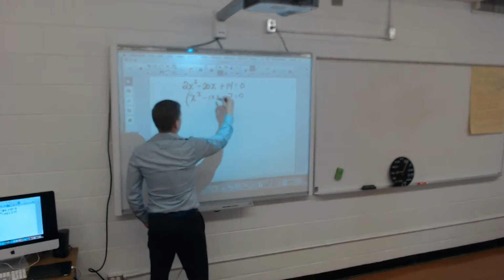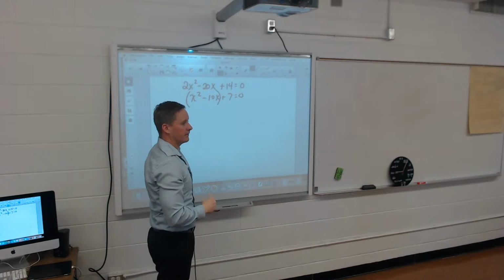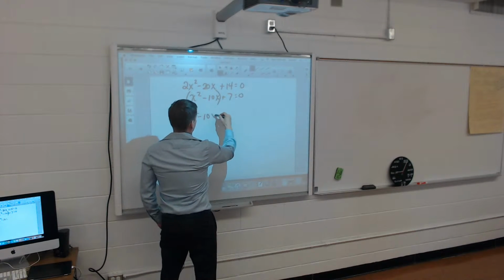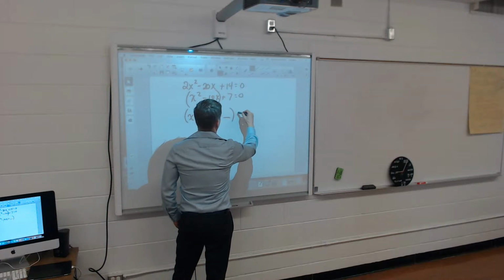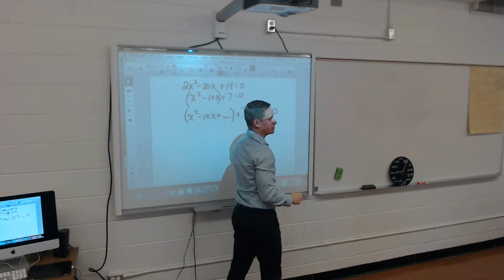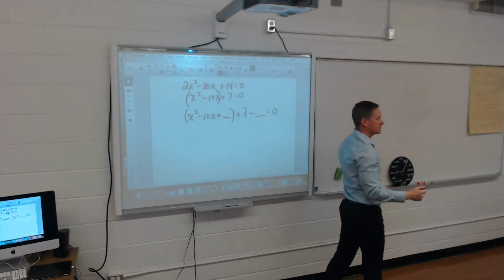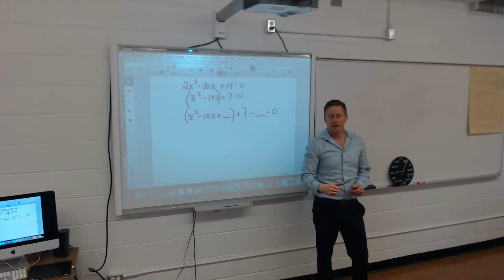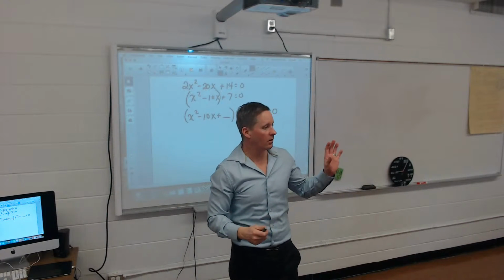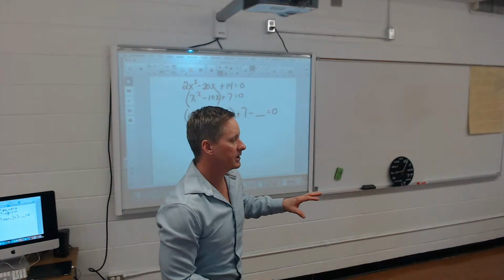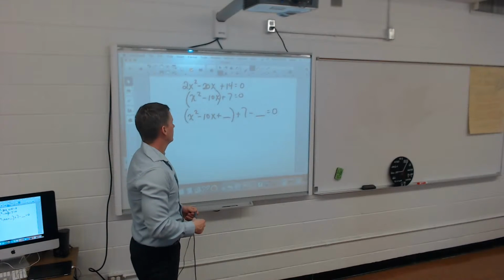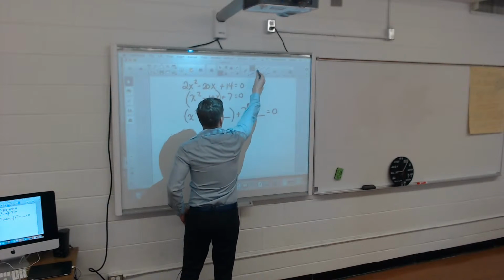Now, to complete the square, you've got your brackets, plus a blank, add 7, subtract a blank. Now, the book shows you to work on both sides of the equal sign, and that's fine too, but we learned it this way, so let's keep it consistent. Let's go as if, on the completing the square, I don't have it on both sides. So what goes into my blank here? 5 squared.